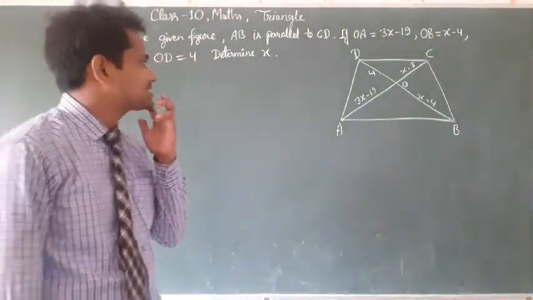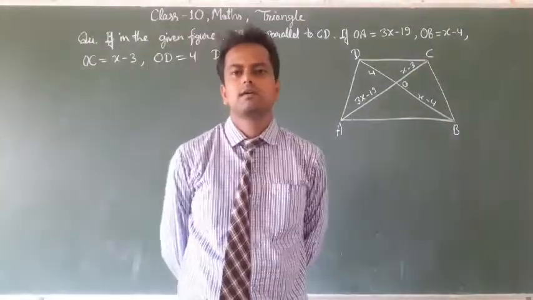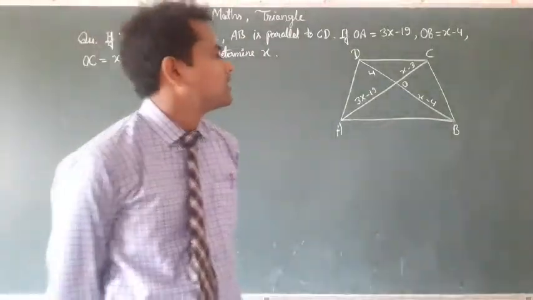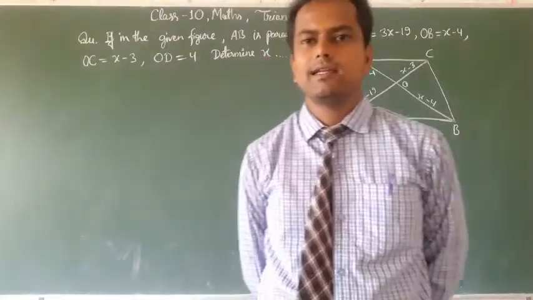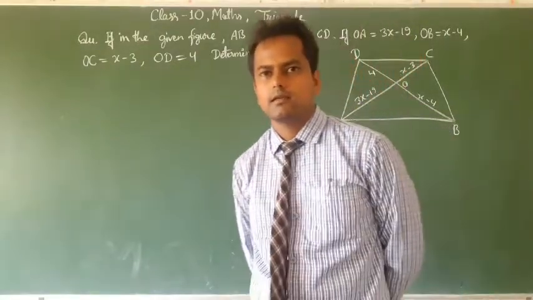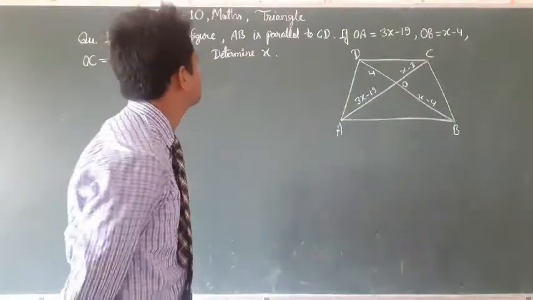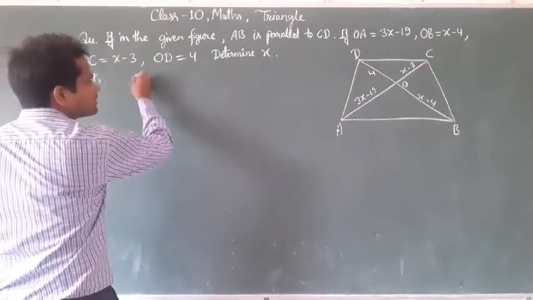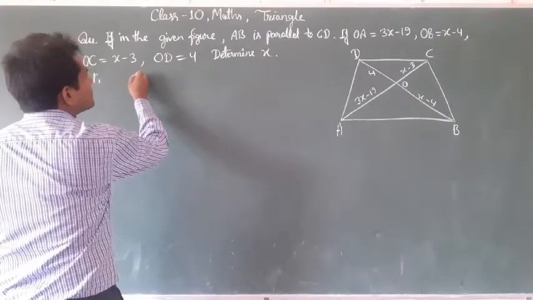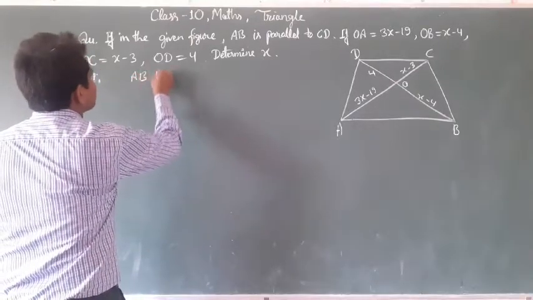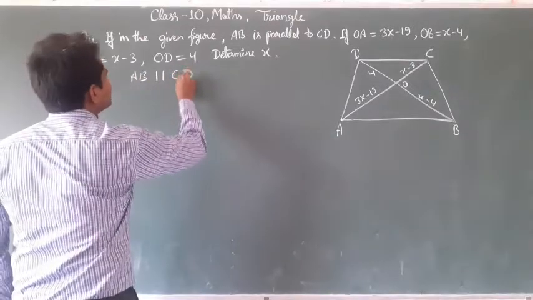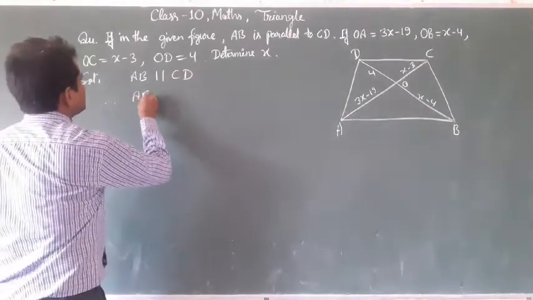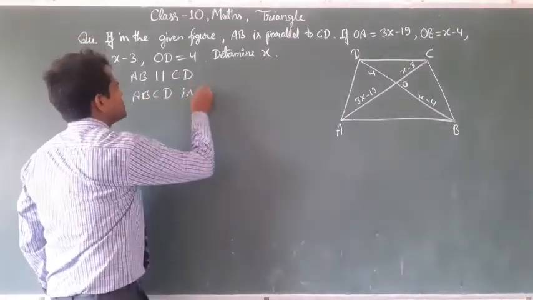And in previous classes you have studied that the diagonals of a trapezium divide each other proportionally. Got it? It means AB is parallel to CD, given. Therefore, ABCD is a trapezium.